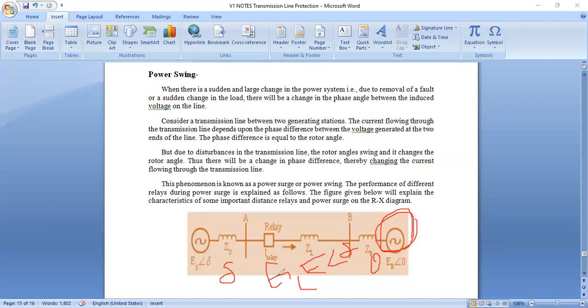Now Z is the impedance of the rotor. And there is VR and this is IR, so it is nothing but ZR.